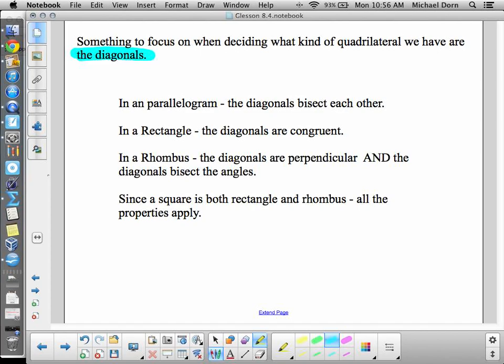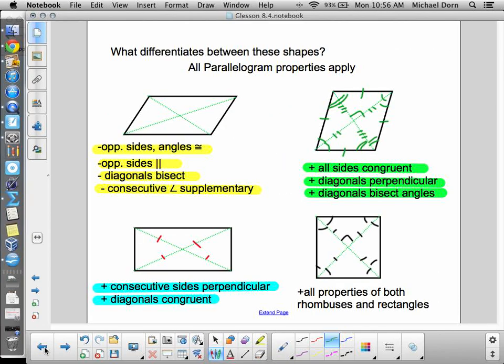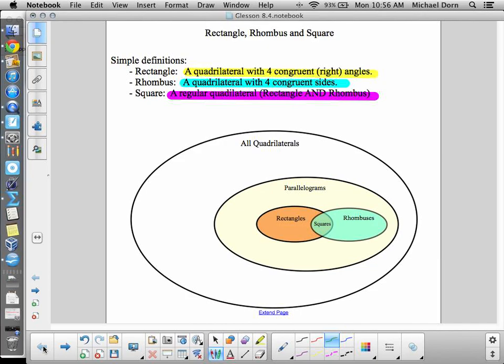The way we do that path is pretty simple. We start by seeing if the diagonals bisect each other. If the diagonals bisect each other, it means it's a parallelogram. That's good. But if we look at our picture, just knowing it's a parallelogram, it might be a rectangle, it might be a rhombus, it might be a square, it might just be a plain old parallelogram.